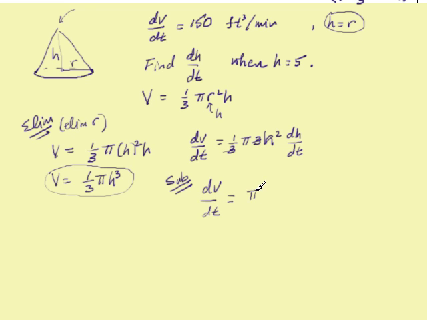So here we have pi h squared dh/dt. We have dV/dt is 150 that we were told. And we want to figure out what dh/dt is when h is equal to 5, so we substitute that value.